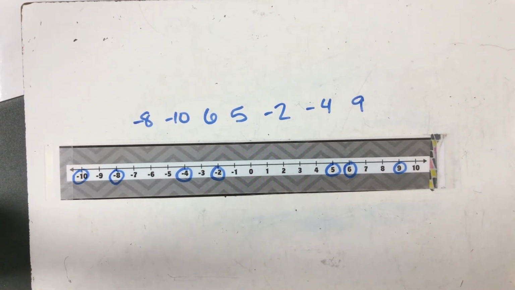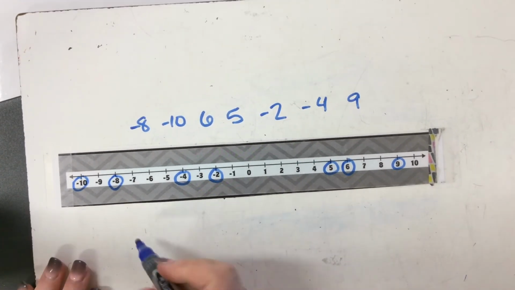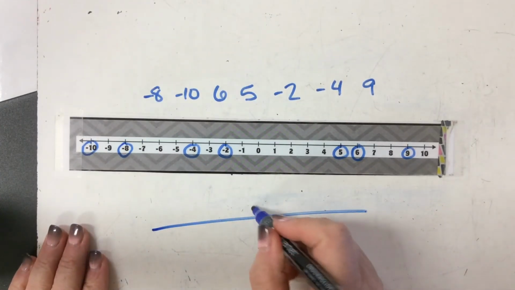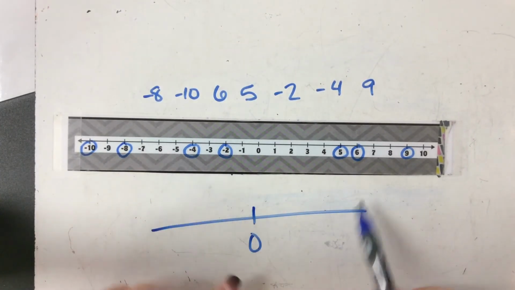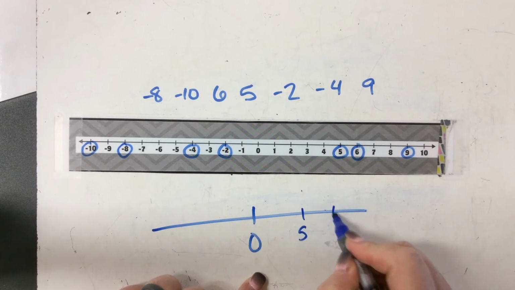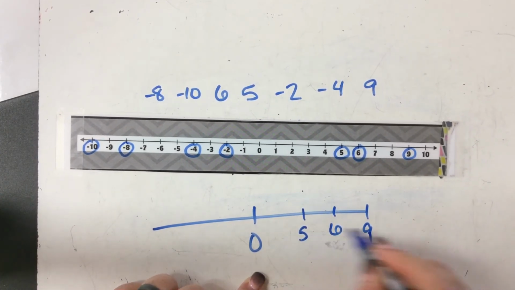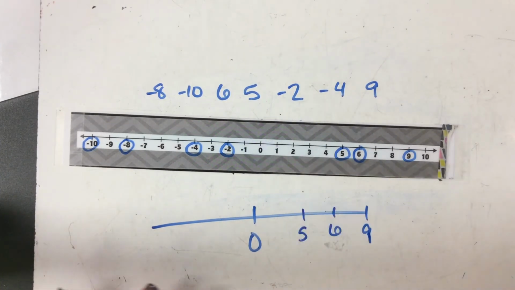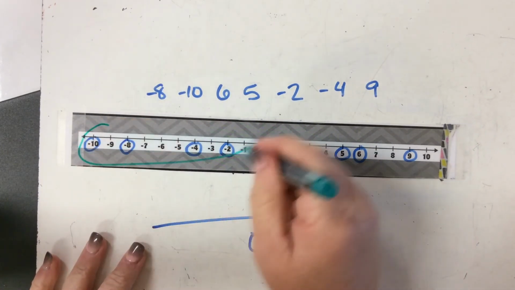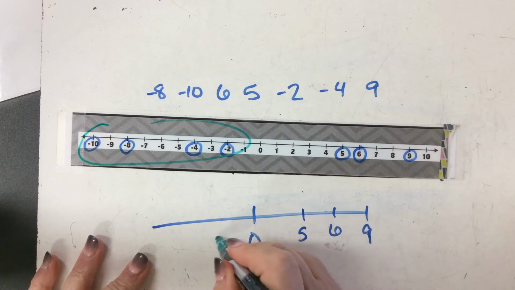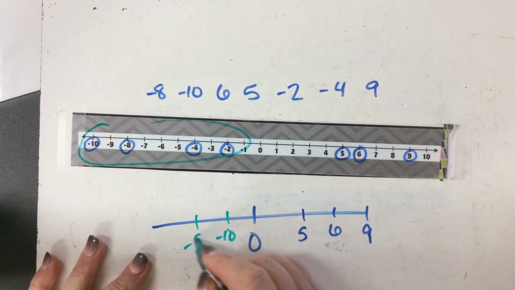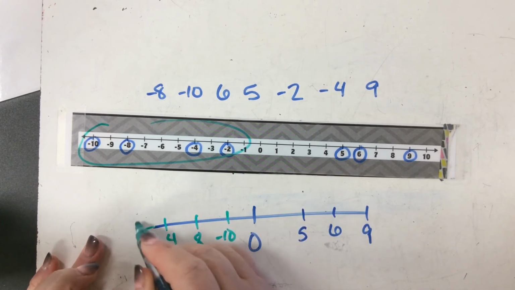Now, another mistake is that students may try to draw a number line, and they know the positive ones. They would say, okay, well, I know a 5 goes here, and a 6 and a 9, and they know that the 9 is bigger than 5 or 6, but they mix up on these over here. What they try to do is say, oh, okay, so -10, and then -8, and -4, and -2.